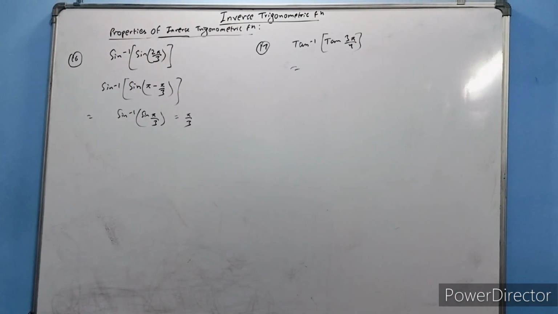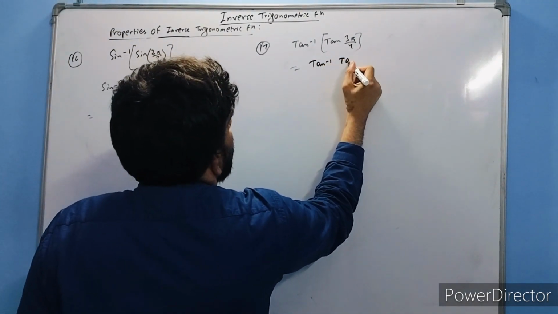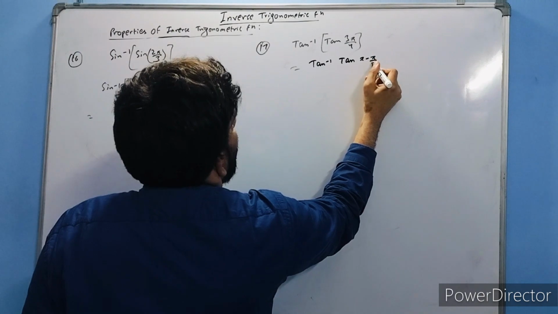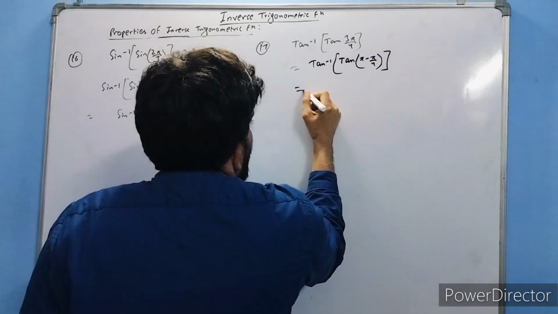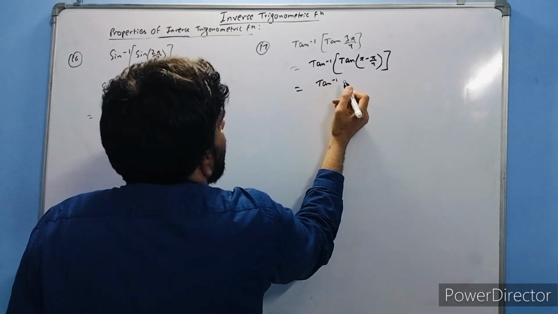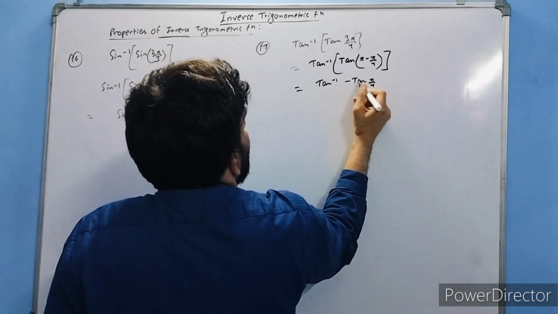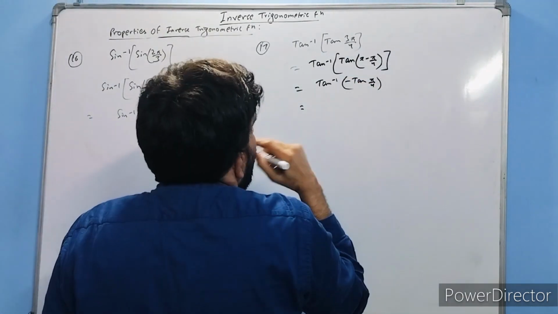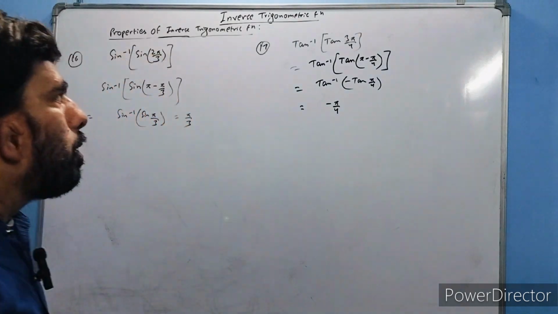Now we have the value here, tan inverse. I can write it as pi minus pi upon 4. So it will be tan inverse of tan of (pi minus pi upon 4), which is minus tan pi upon 4. So we'll have the value minus pi upon 4. That is how we are able to solve the question.